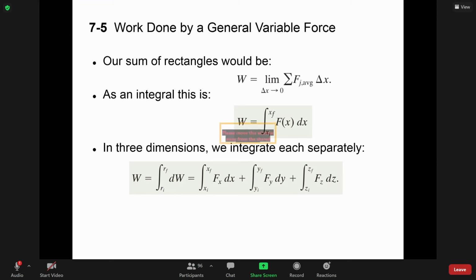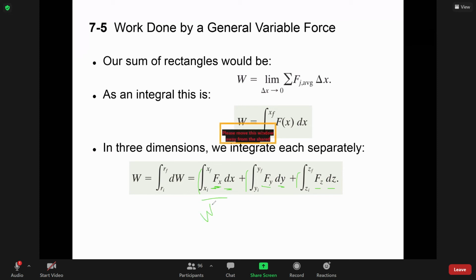If I have a three-dimensional force and it's variable, يعني عندي component i hat, and I have component of the force j hat, and I have component of the force k hat, then I have to do over each dimension an integration. يعني لو كانت الفورس الcomponent of the x مع dx على limits x initial x final, and I have fy مع dy y initial y final والfz مع dz from z initial z final, I treat everyone independently, then I add the numbers because this is work.